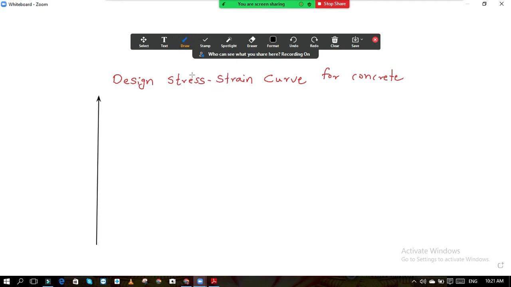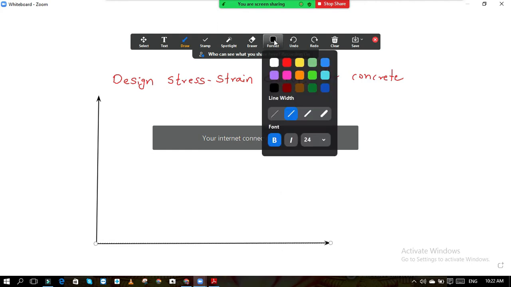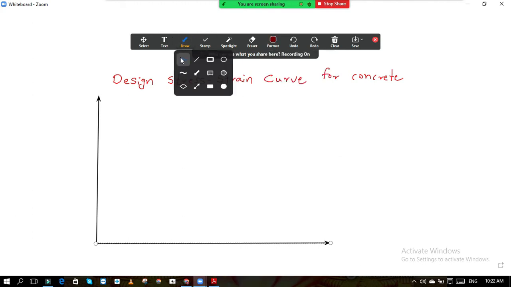Then here is the x-axis. On the y-axis we will take stress, and on the x-axis strain.